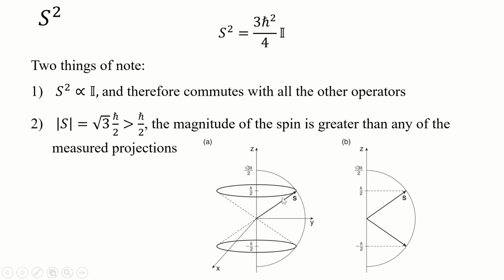We know that tells us that the component in the z direction is h bar over 2, but it's precessing somewhere along this path here, and that means we don't know what the x and the y components are if we know the z component. So we have this sort of fuzzy vector where we can know one of the components really well, but the other two have this uncertainty where we don't actually know what they are.